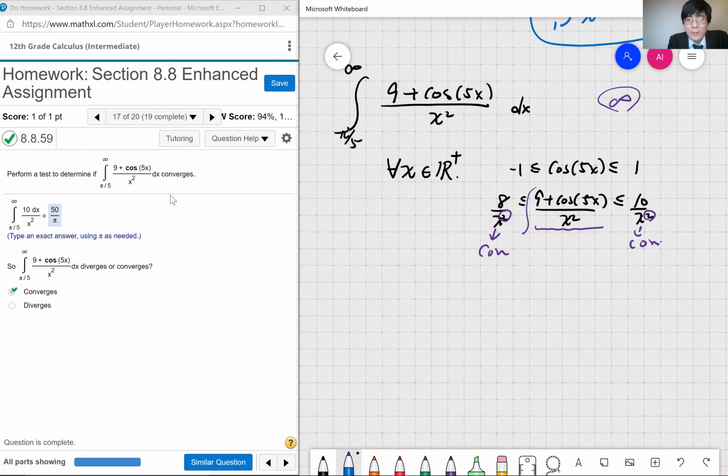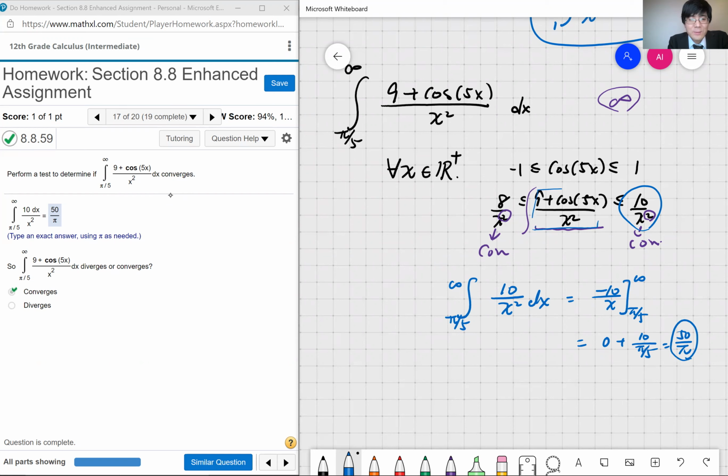When you integrate 10 over x squared dx from some number to infinity, it's going to be -10 over x, infinity to pi over 5, and that's going to be 0 plus 10 over pi over 5, which is 50 over pi. So this has some finite value. And this one should be less than this number, but it must be positive.